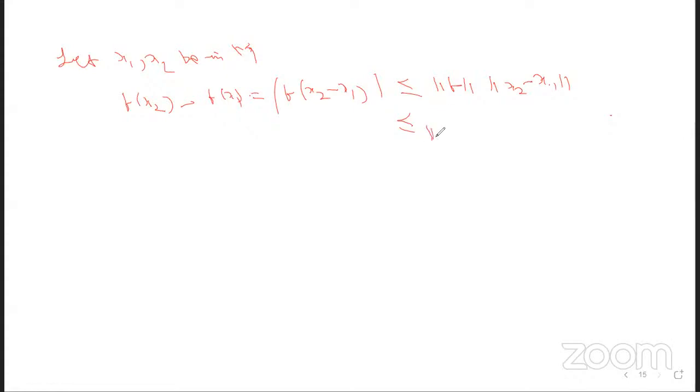This is norm of f as it is, right? Here, norm of x2 minus x1. This adjustment I am writing here.